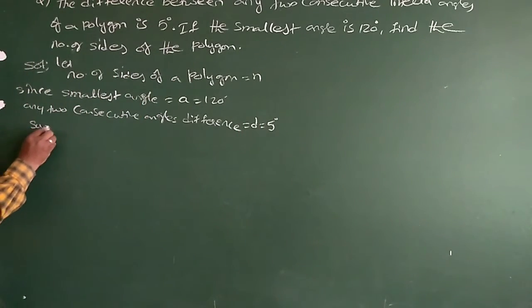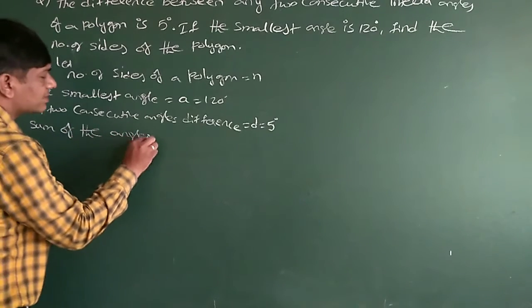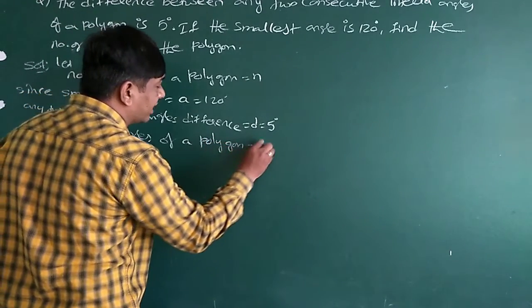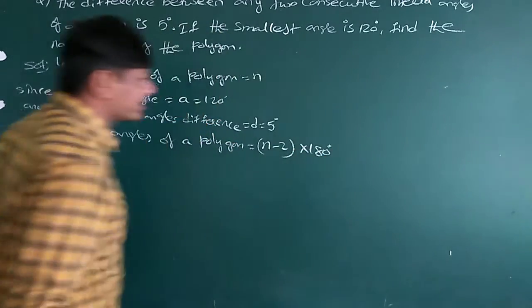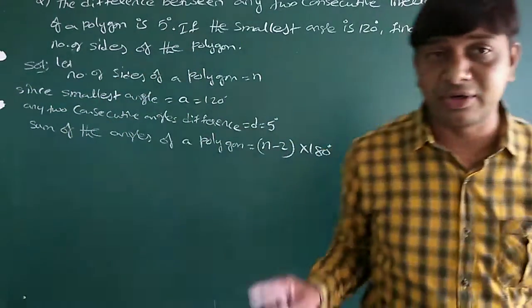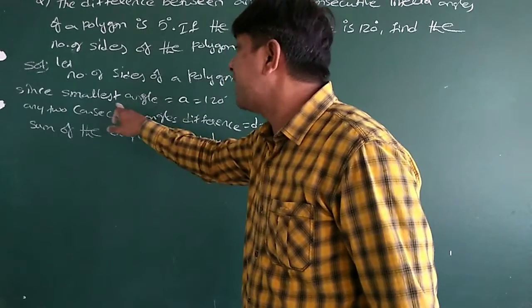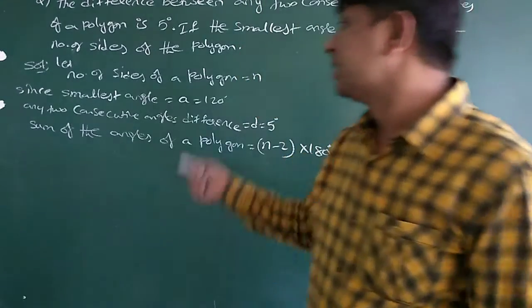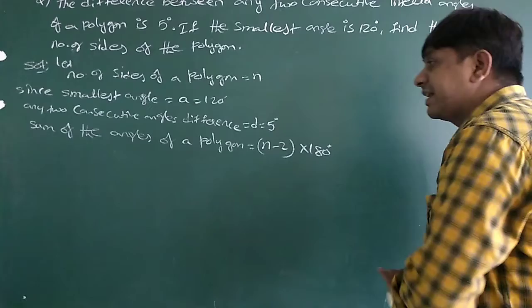Now the sum of the angles of a polygon is equal to, the formula is, n minus 2 into 180 degrees. Once again, see here, don't confuse. The number of sides of a polygon is n, the smallest angle is 120 degrees as given, that only I took as A. Any two consecutive angles' difference is D, that is 5 degrees.